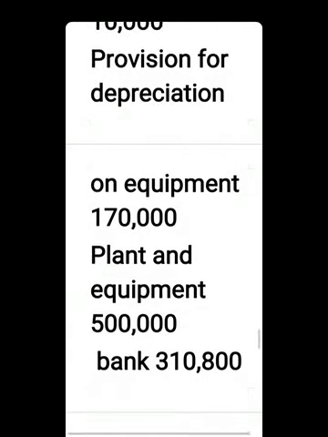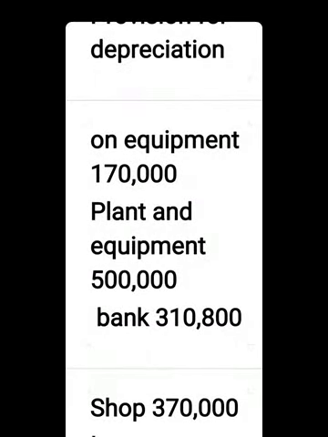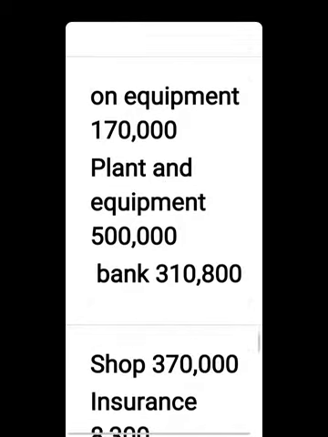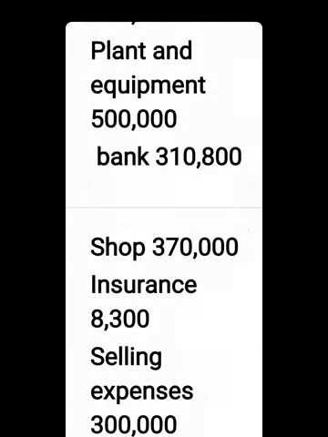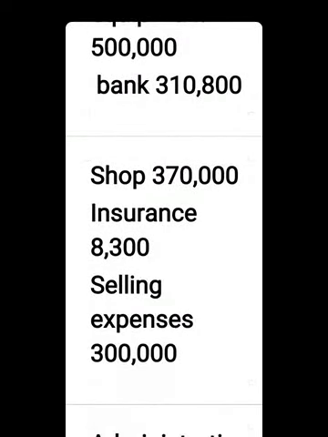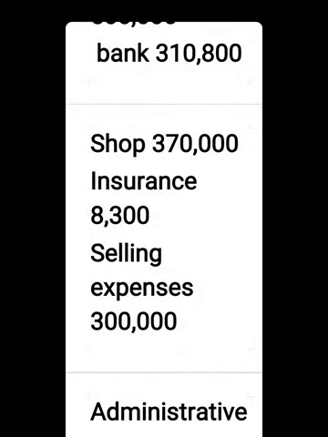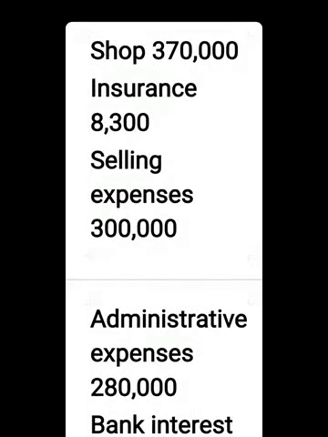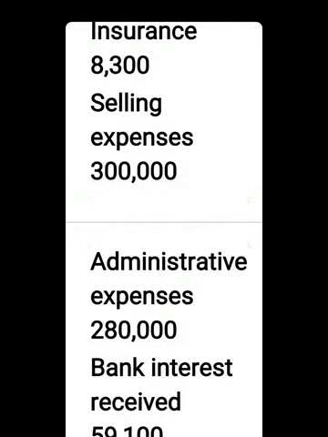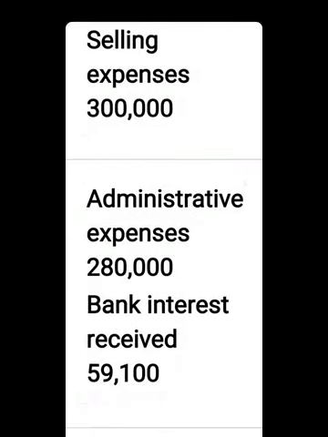Plant and equipment 500,000 naira. Bank 310,800 naira. Shop 370,000 naira. Insurance 8,300 naira. Selling expenses 300,000 naira. Administrative expenses 280,000 naira.